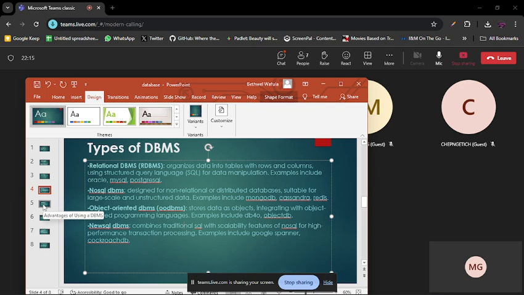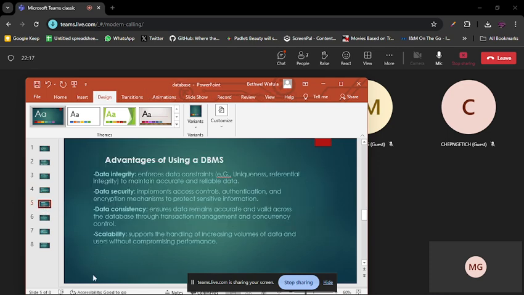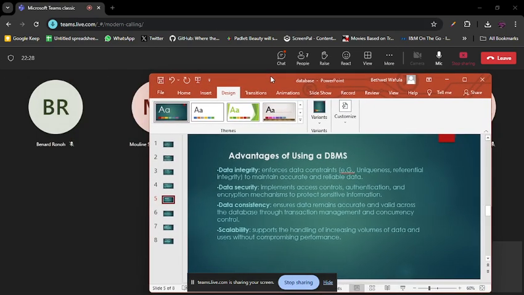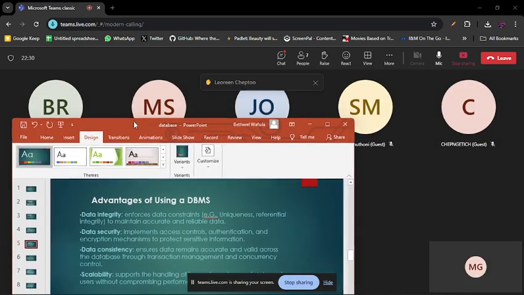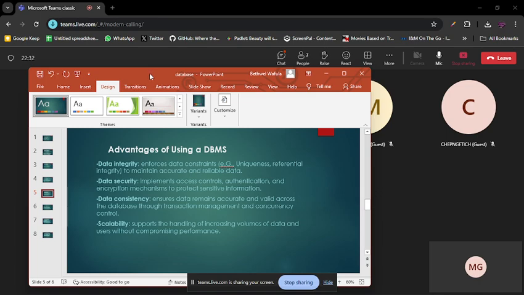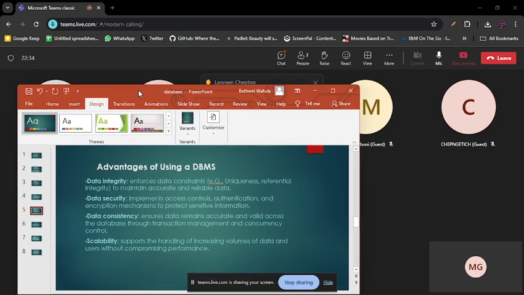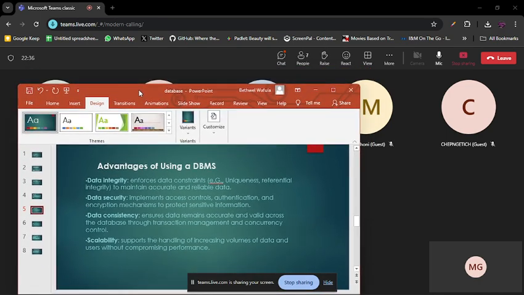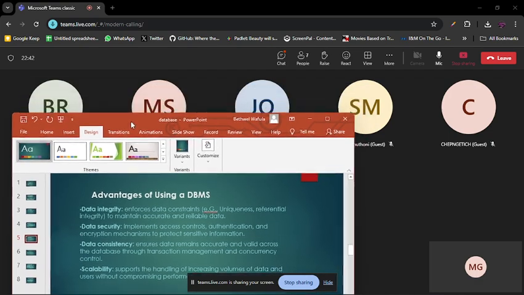That's all about DBMS. So what are the advantages of DBMS as we have gone through this? Who has a clue? Laureen? It ensures data integrity. Good. Bernard?